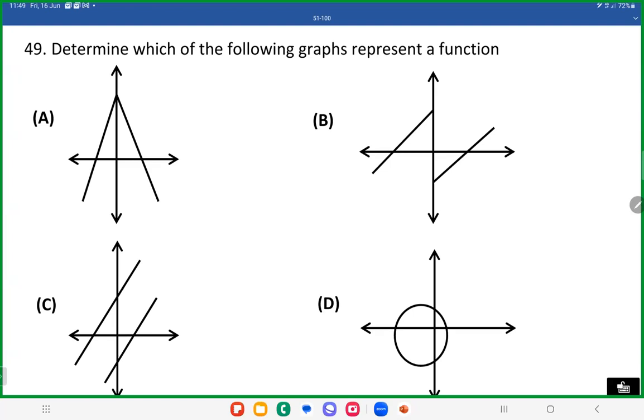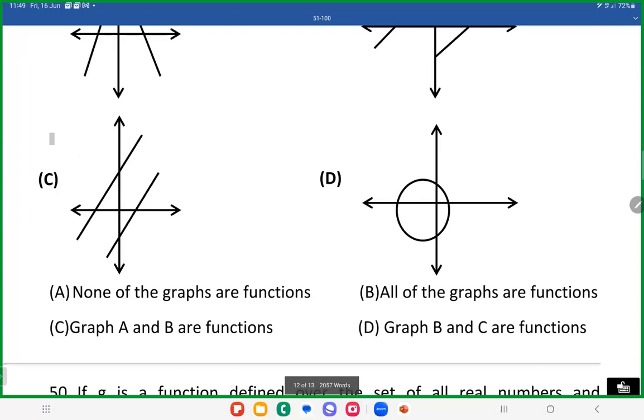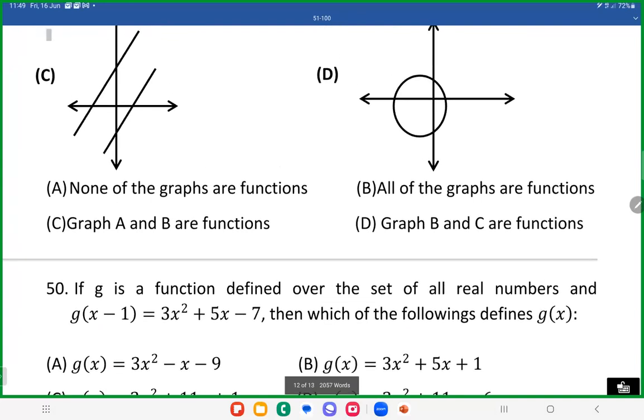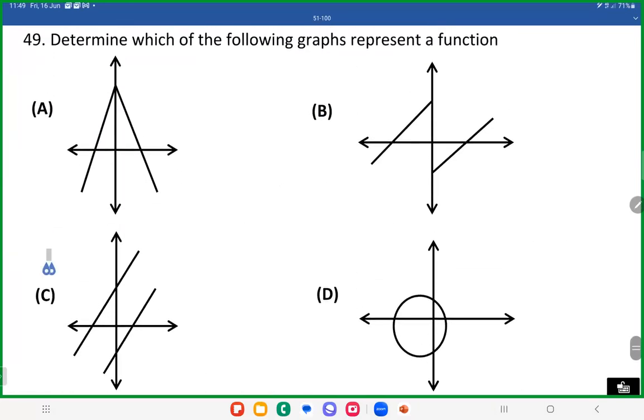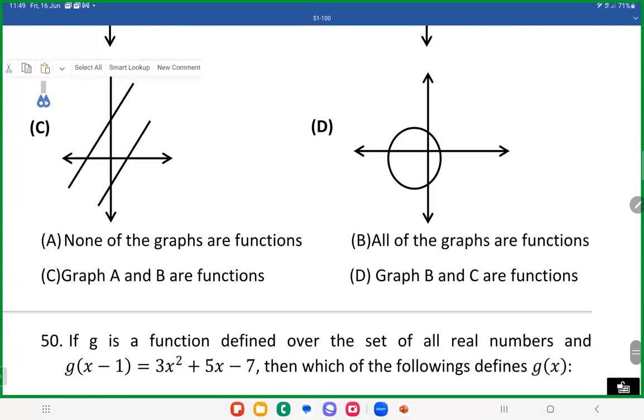And A, I cannot touch this one, so that's a problem. All of the graphs, graph A and graph what? B, that's the choice. Graph B and C, no, of course not.